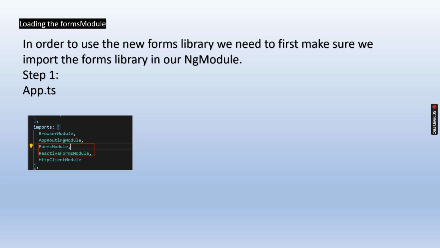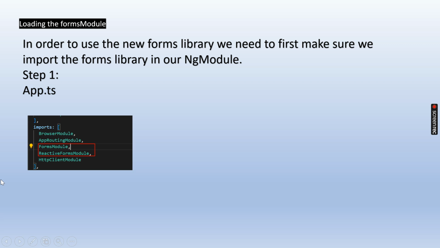So in order to achieve these forms, what do you need to do in Angular? Step one. For forms, form control and form group, you want to use. Suppose in your Angular application, somebody asks you to develop a form. First and foremost, you need to load the forms module and reactive forms module.